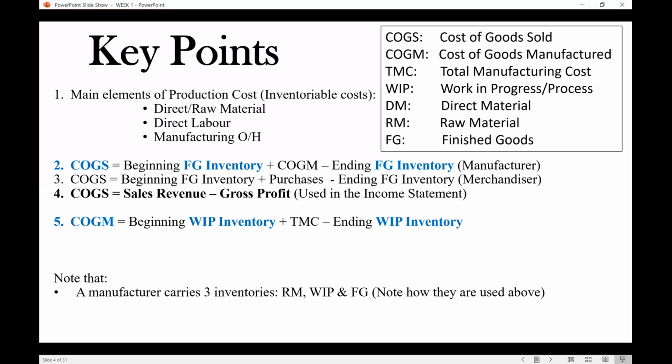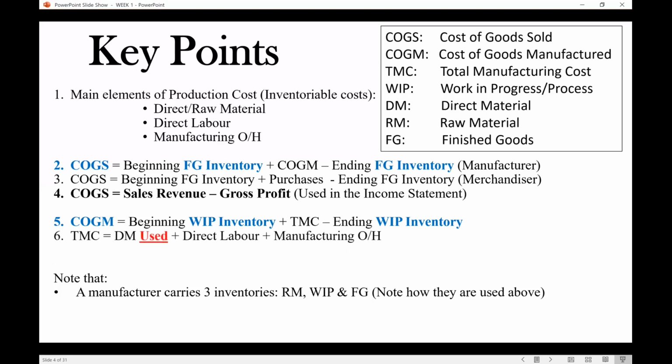And the formula for cost of goods manufactured is equal to beginning WIP, beginning working process inventory, plus TMC, your total manufacturing cost, minus your ending working process inventory.